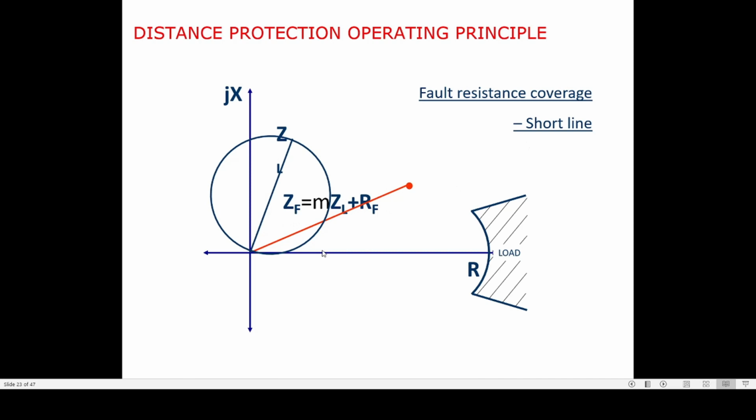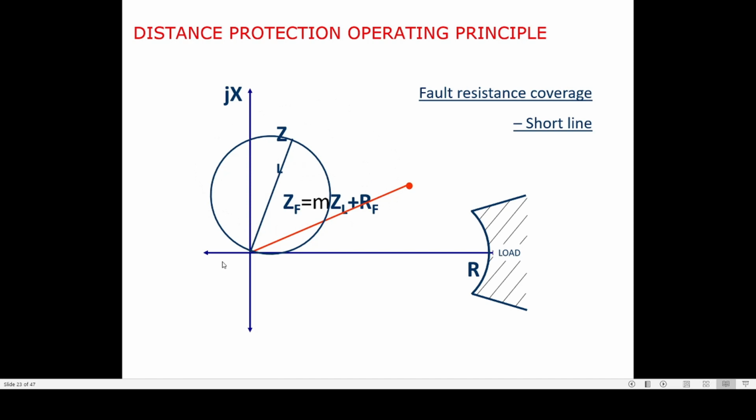That means if you change the resistive reach of this small circle, you cannot change it without changing the reactive reach of the Mho characteristic. That means we cannot include a higher value of RF in this Mho characteristic simply by extending the RF reach. The Mho characteristic will change from its basic characteristic to some other characteristic, because the x magnitude will also change if you change the r and you want to keep this circle constant.